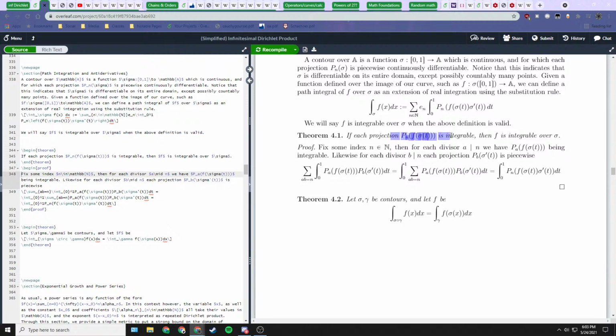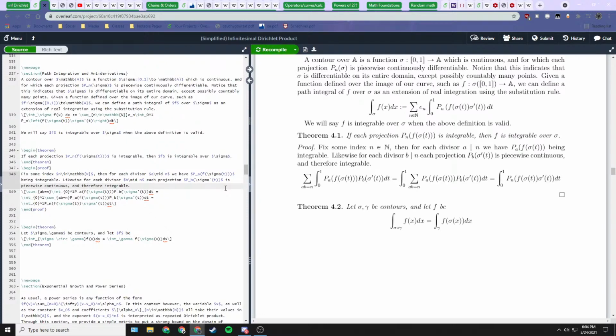So each of these projections, f of sigma t, is integrable. Also, for each divisor b dividing n, each projection p sub b of sigma prime t is piecewise continuous, and therefore integrable, especially since we just have a bounded domain.